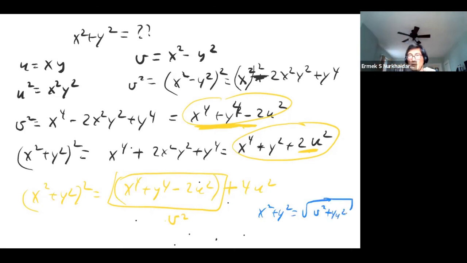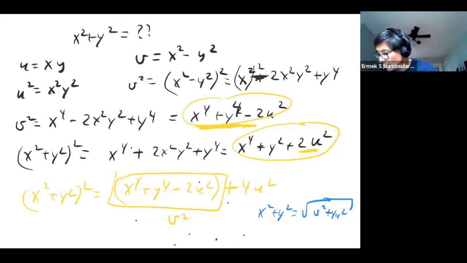So often, it's not easy to find. You see what u and v are supposed to be, but it's not easy to solve for x and y in terms of u and v, because functions are usually not straightforward, not linear. So we'll need to put some effort, some algebra, to figure out what is going on.